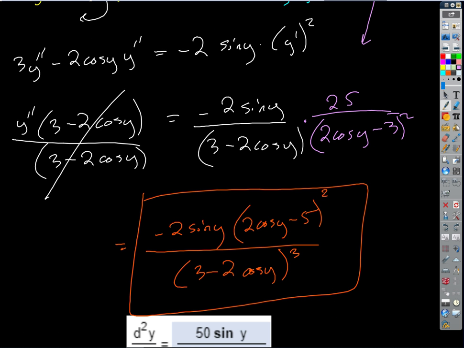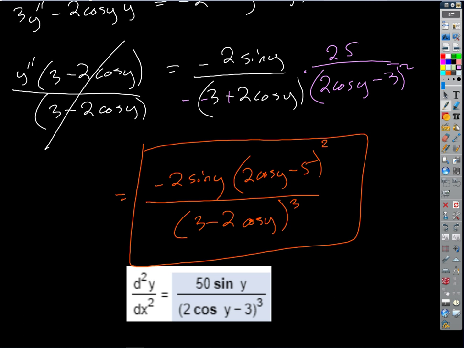And then over here, that looks different, but what if I just factored out a negative 1? If I factor out a negative 1, I get that, right? Which is 2 cosine y minus 3. So then on the bottom, there's our 2 cosine y minus 3 cubed.